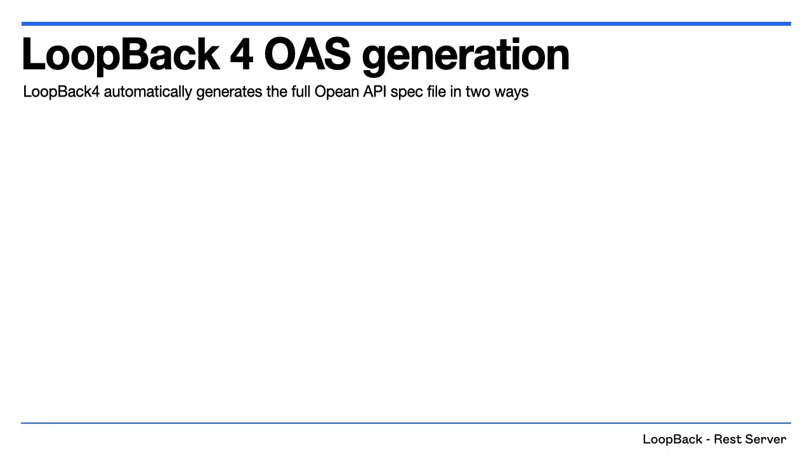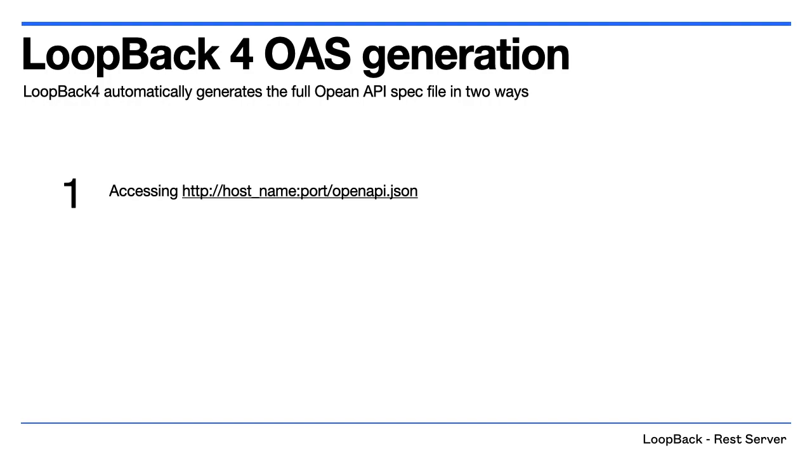Okay, so how can we then generate the Open API specification? Well, if we're talking about the bottom-up approach, we just have to focus on generating our code. And LoopBack 4 can help us by accessing the host name of our application and the port number, followed by /openapi.json.